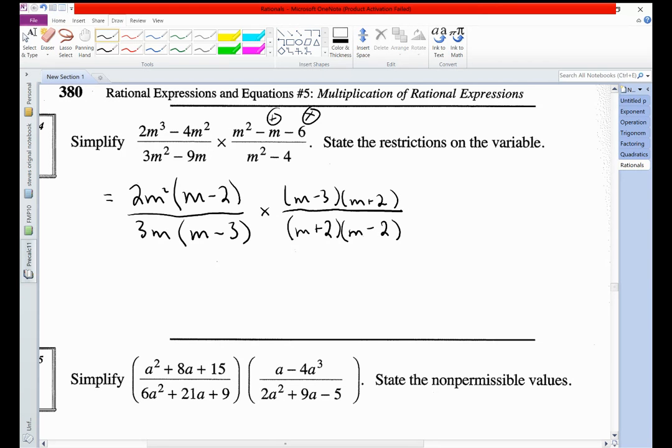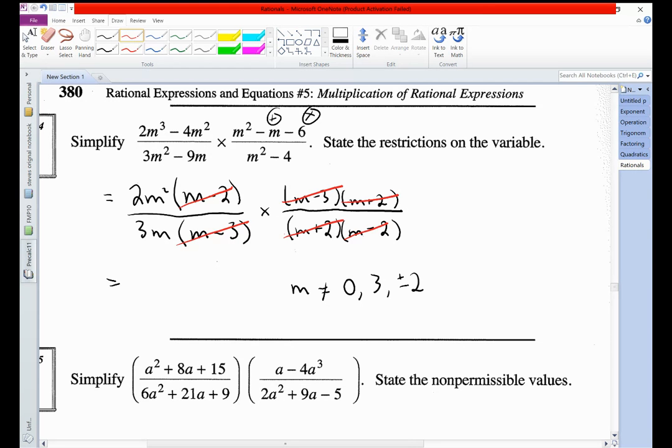So now I'm going to state my non-permissible values. m can't equal 0, positive 3, and plus or minus 2. And now I can start canceling things and rewrite this. So we have an m minus 2 and an m minus 2. We have an m minus 3 and an m minus 3.